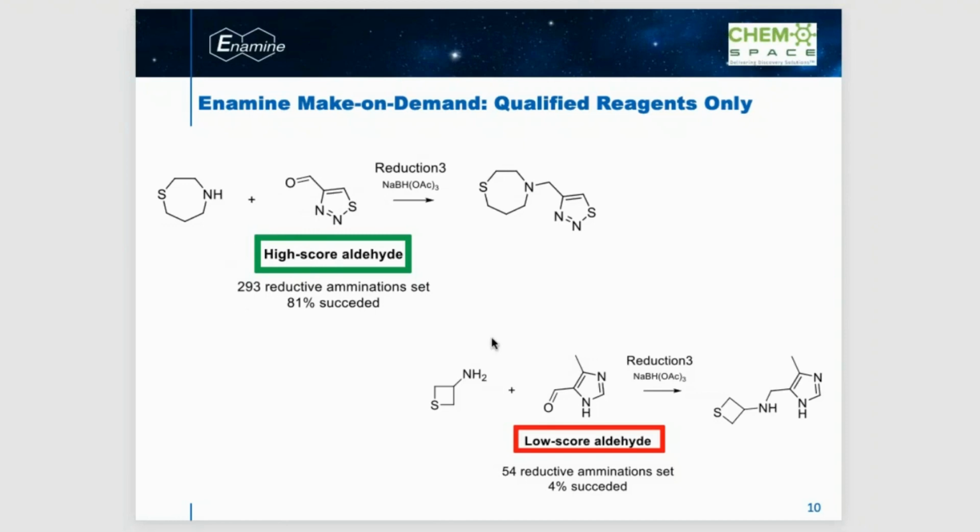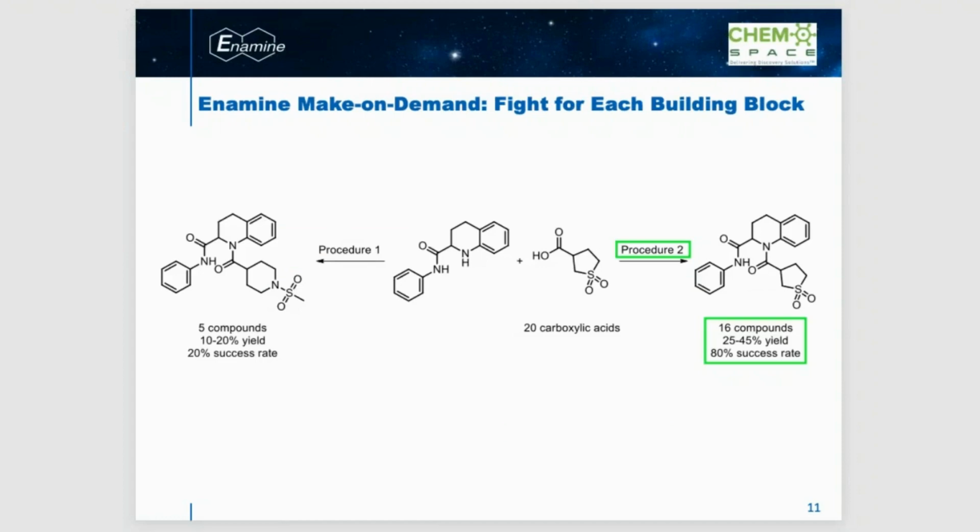So we include this reagent to enumerate Enamine make-on-demand compounds. For this aldehyde, on the other hand, we see a pretty low success rate. So we rather keep it out of the enumerations, but still can use it for custom chemistry projects.